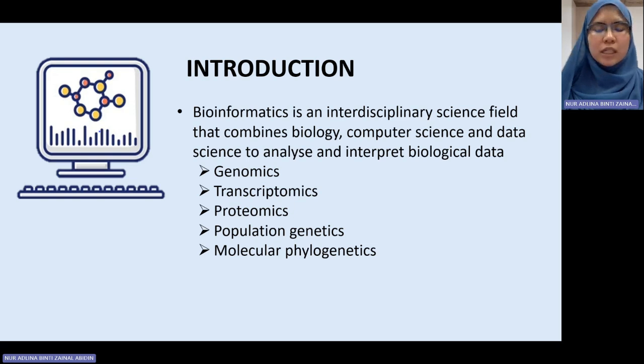This discipline holds significance in multiple domains of biological data, such as genomics, consisting of DNA and RNA, transcriptomics, which consists of RNA transcripts, proteomics, which is the study of protein functions and activities, population genetics, composing of genetic variation that is found within a population, and molecular phylogenetics, which studies the relationship of evolution between organisms based on genomic sequences. However, these are just to name a few. There are so many more biological data that can be applied using bioinformatics.